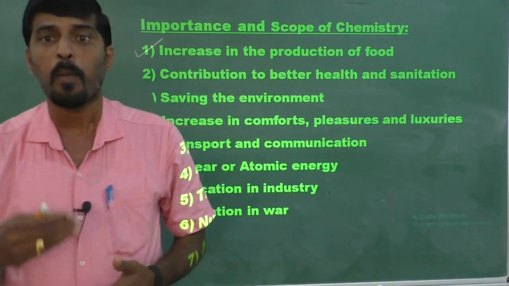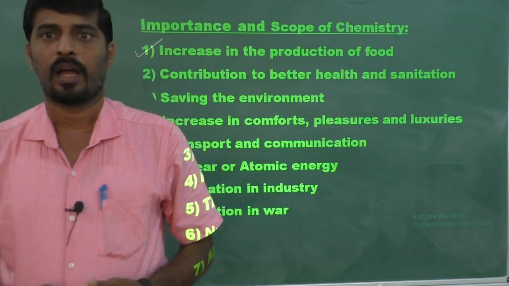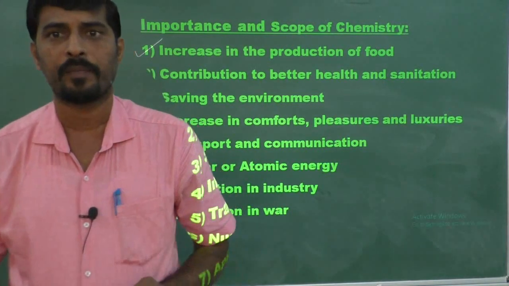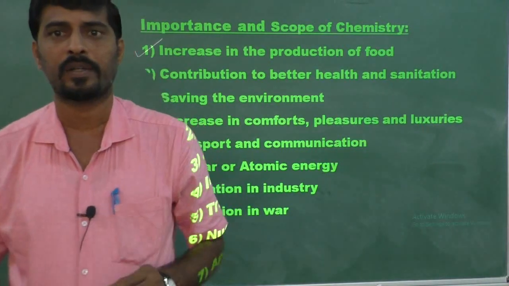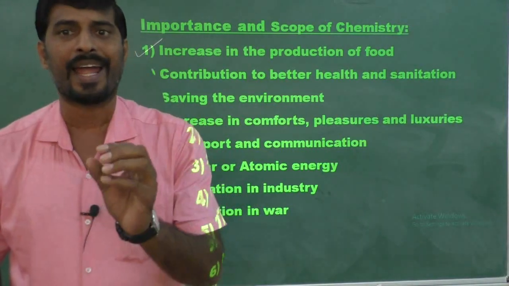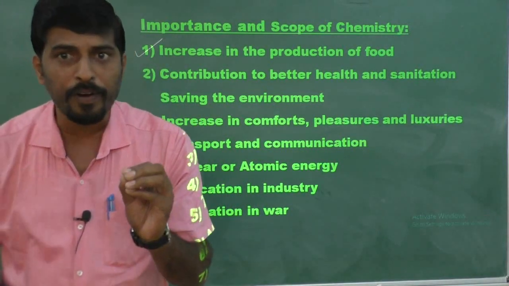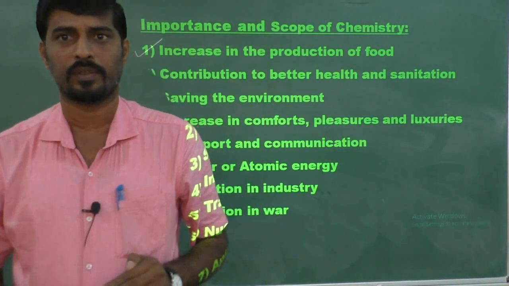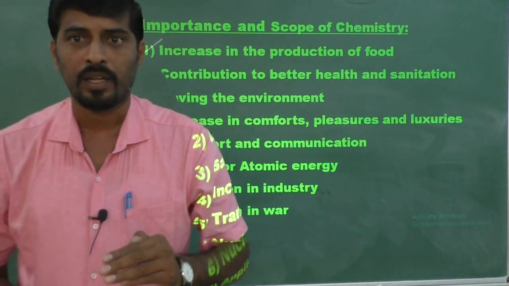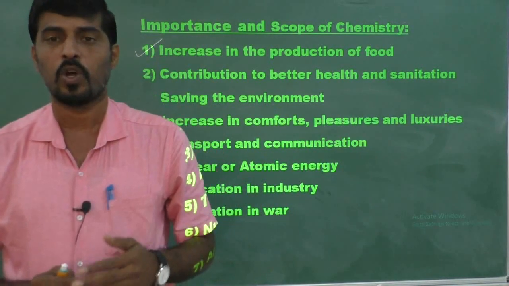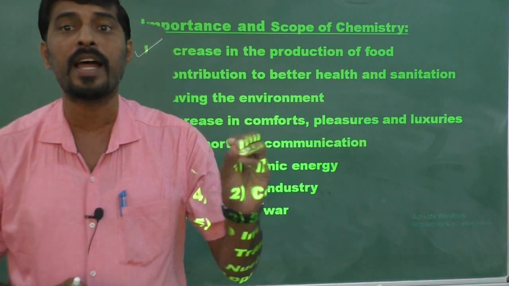Chemistry provides fertilizers like urea, calcium superphosphate, ammonium sulfate, sodium nitrate, etc. These fertilizers increase the fertility of the soil. Then the production of food also increases so that it fulfills the need.